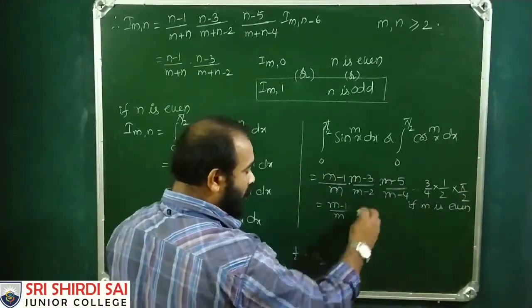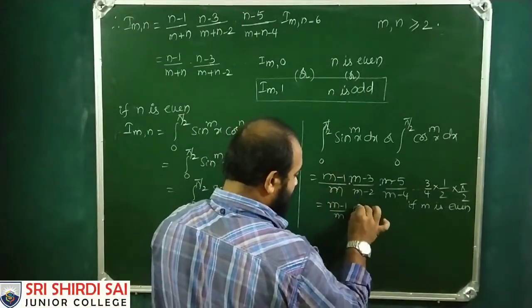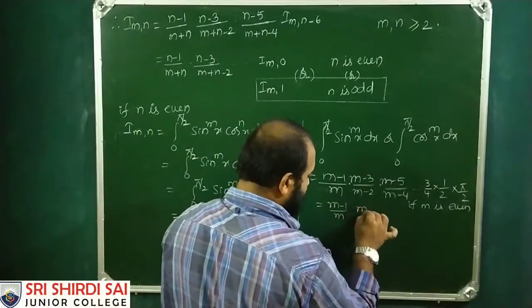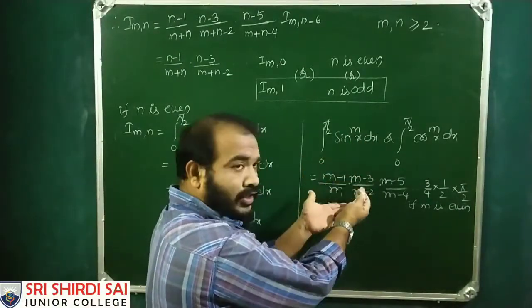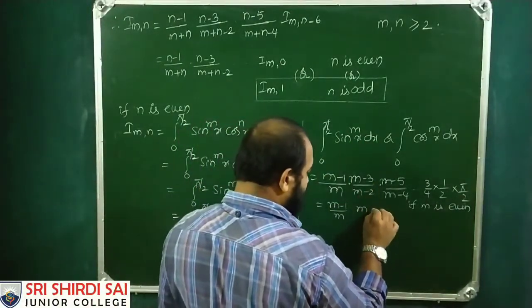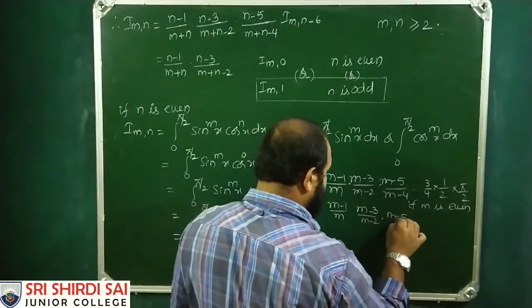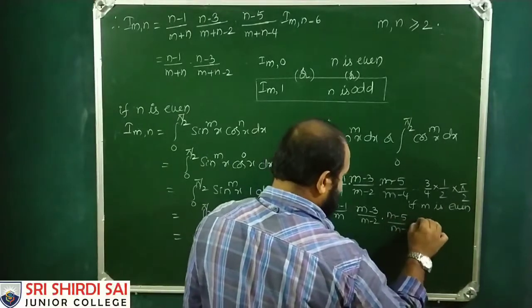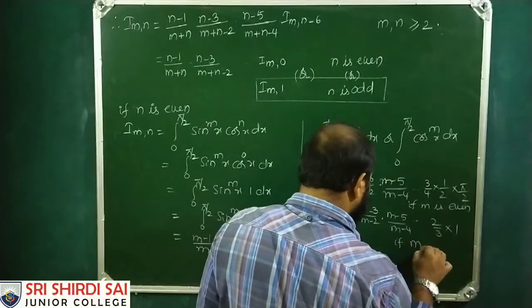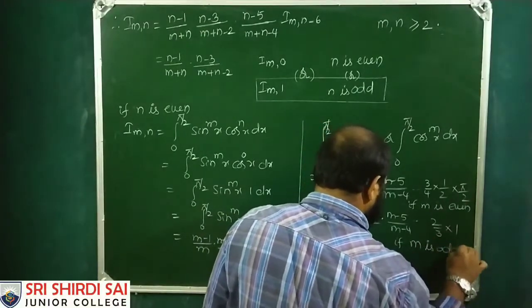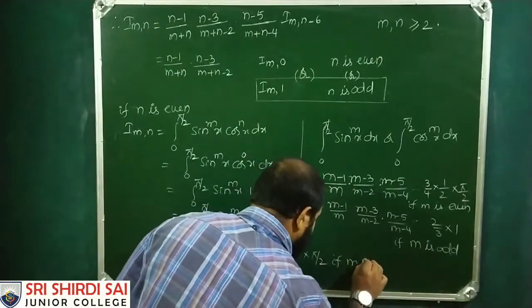And if it is odd, earlier it was in terms of n, now in terms of m it will be m minus 1 by m, m minus 3 by m minus 2, m minus 5 by m minus 4, etc., 2 by 3 into 1 if m is odd. So this is if m is even.